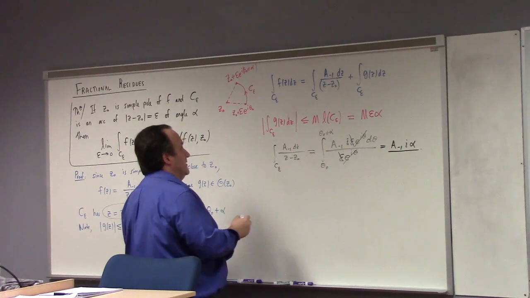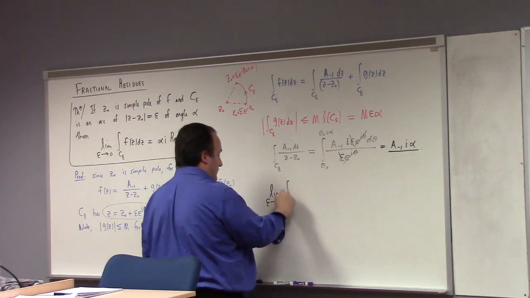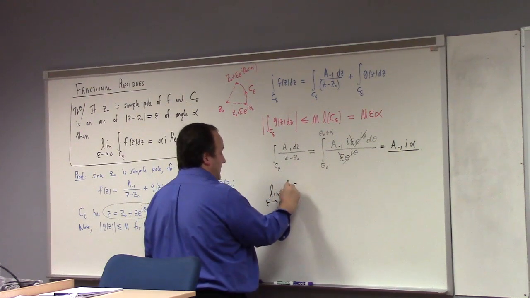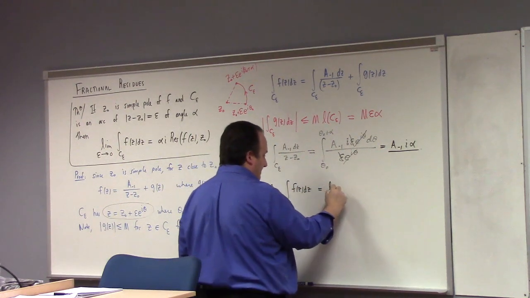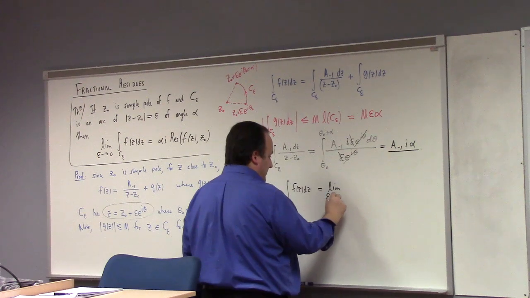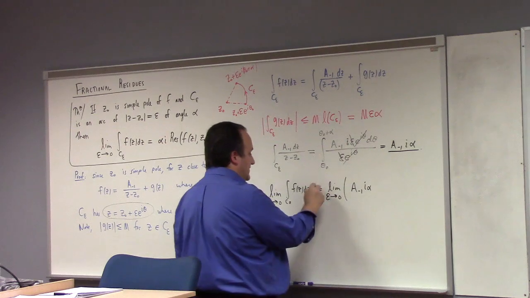Therefore, we're looking at the limit as epsilon goes to 0 of the integral over C epsilon of f(z) dz, which is equal to the limit as epsilon goes to 0 of a sub minus 1 i alpha.